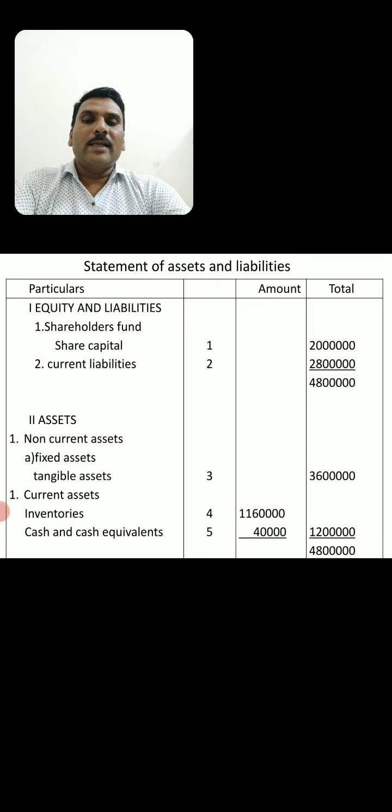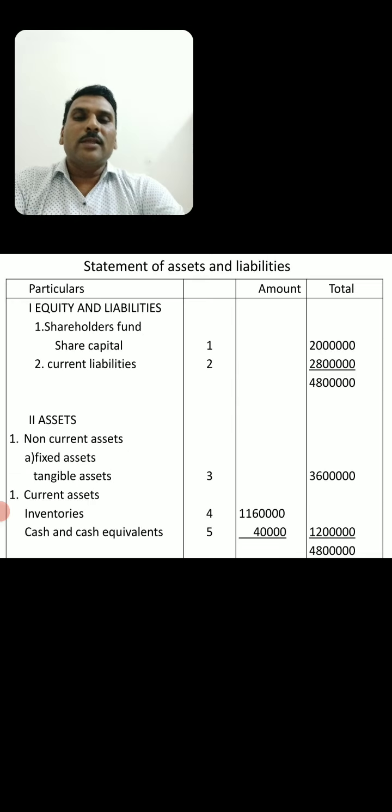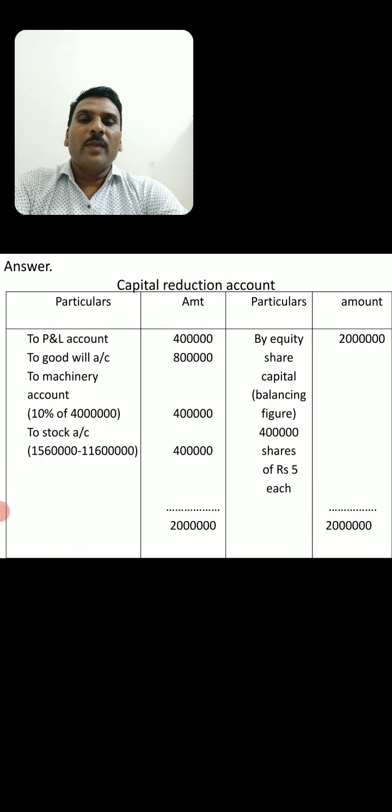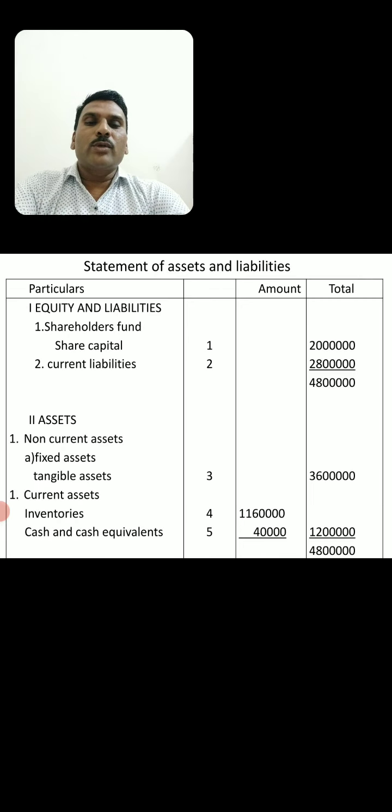Now the asset side, fixed assets, here tangible assets as per note 3. Note 3 tells machinery 36,00,000. The old machinery was rupees 40 lakh, and on 40 lakh 10% depreciation was calculated, and the machinery was reduced by rupees 4 lakh, and the balancing figure 36 lakh is shown on the asset side in the revised statement of assets and liabilities.